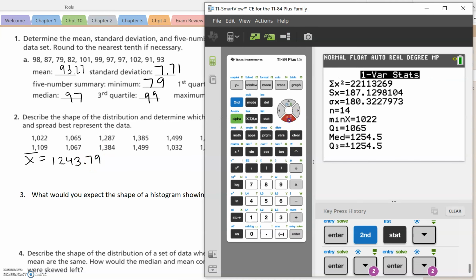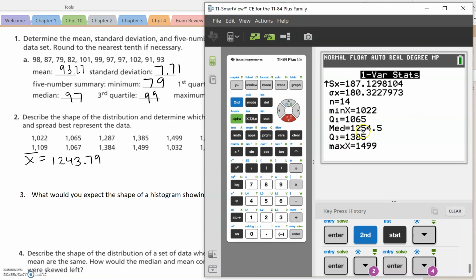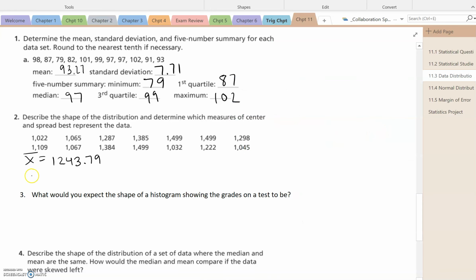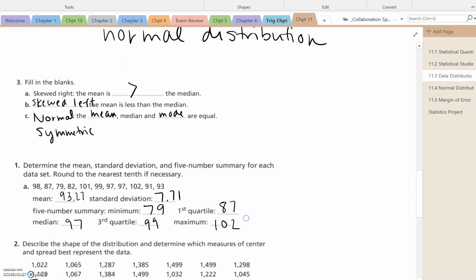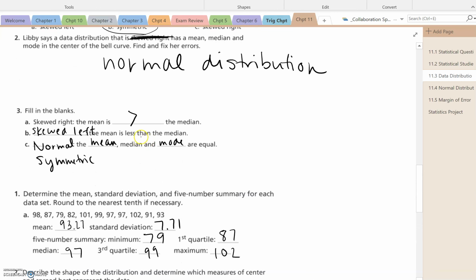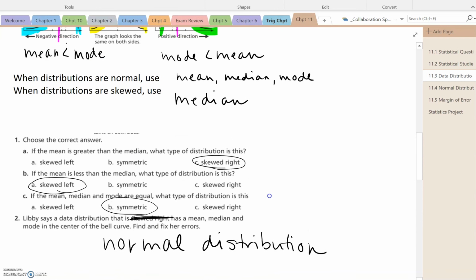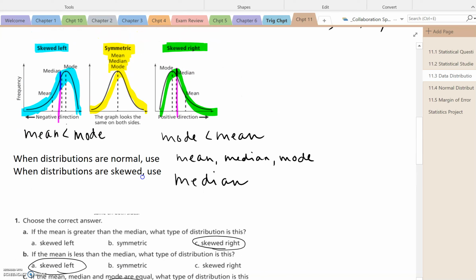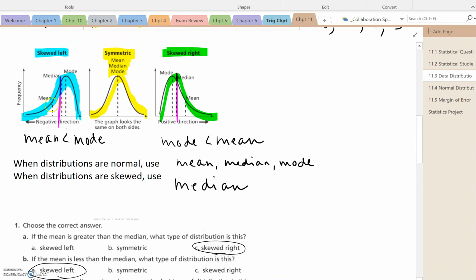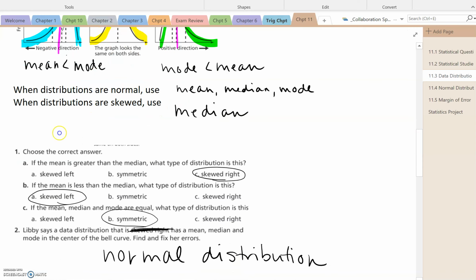Our median, if I scroll down, is 1,254.5. So without looking at anything else, we know that our median is greater than our mean. Think about above, when our median is greater than our mean, that's going to be a distribution that is skewed left.